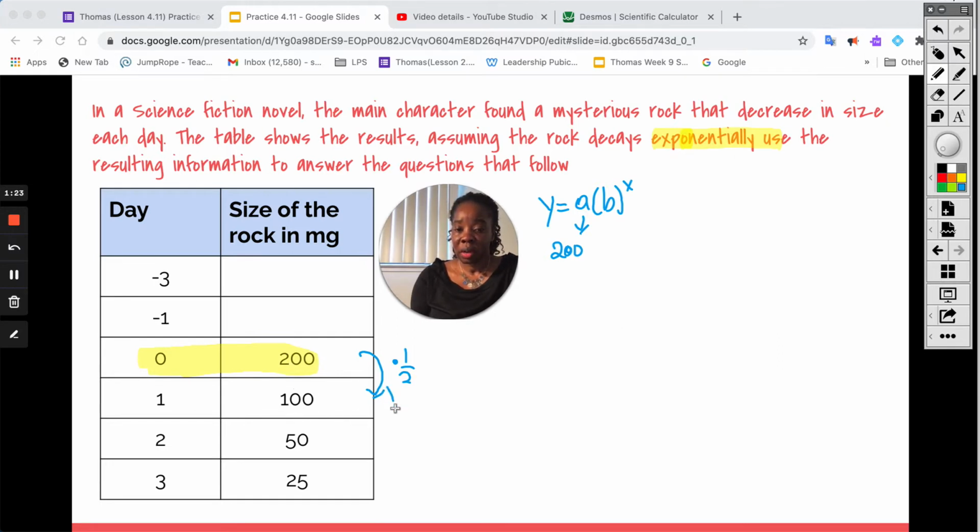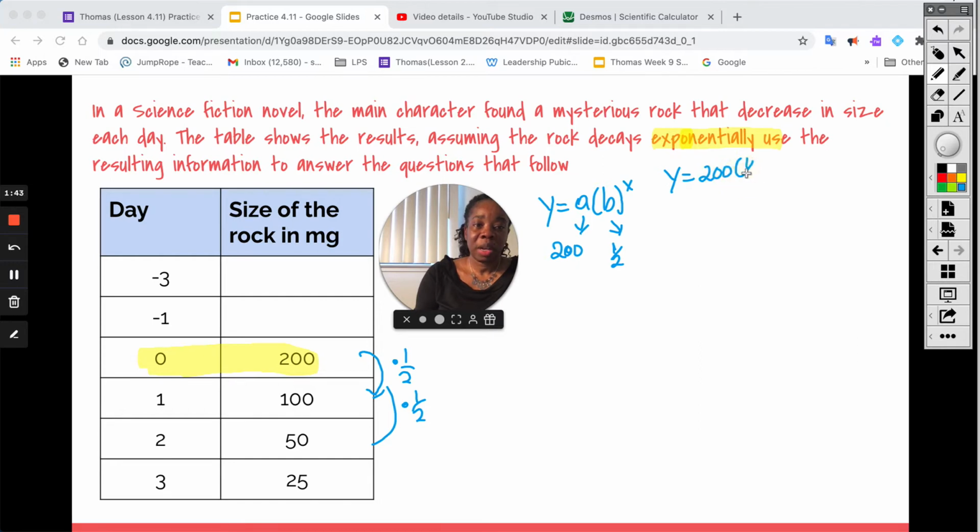If you look at 50, is a half of 100, so it's being multiplied by a half. So in this case, the decay factor is actually 1/2. So the equation that represents this context is y is equal to 200 times 1/2 raised to the x. So that's the first thing we want to establish.